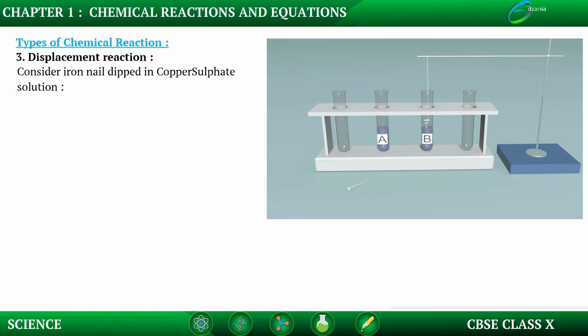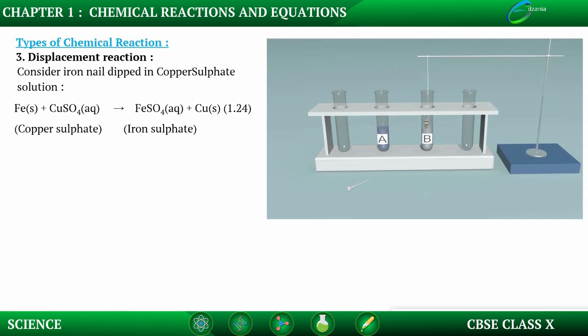Consider two test tubes A and B which contain copper sulfate solution, wherein we are dipping our iron nail in test tube B, and let us compare the solutions and the nail which is dipped in copper sulfate solution and which is not dipped in copper sulfate solution.